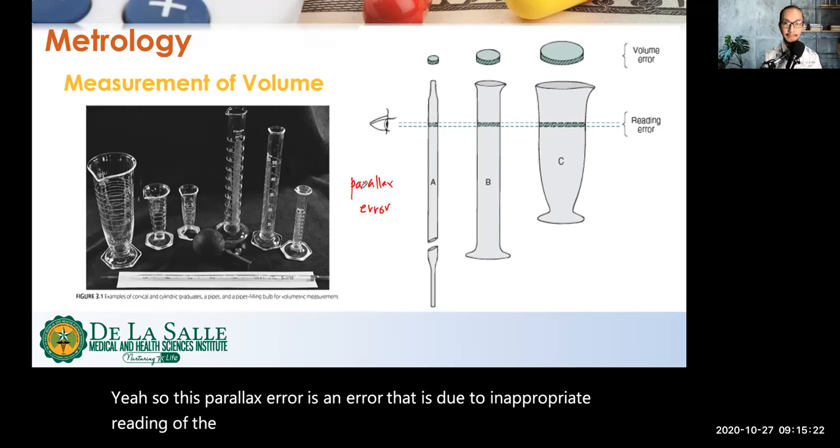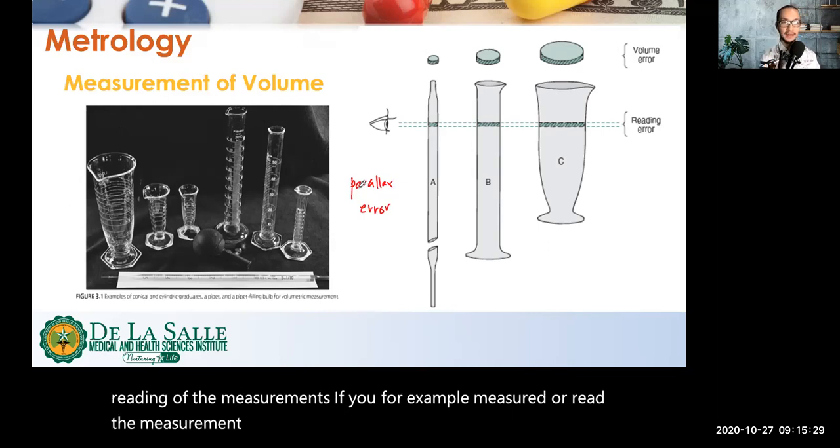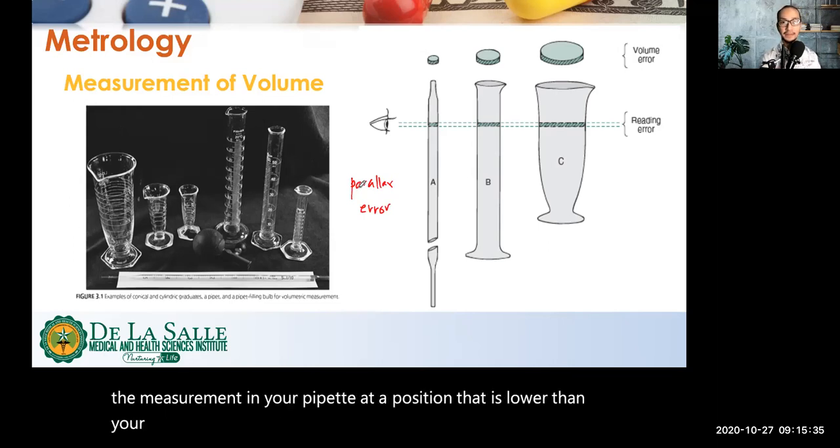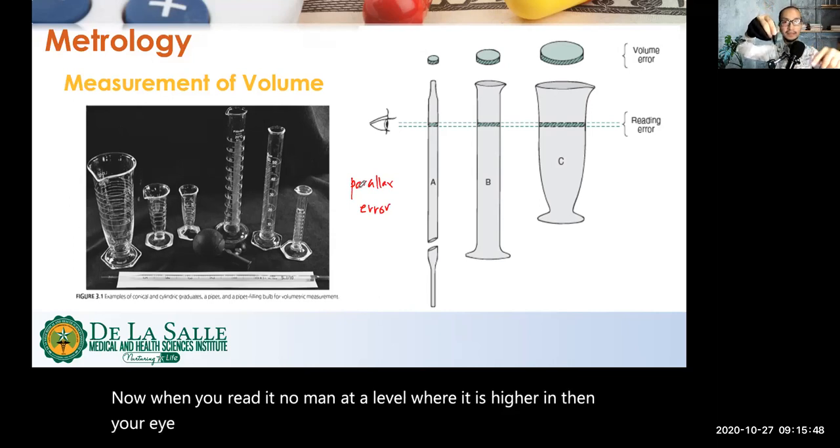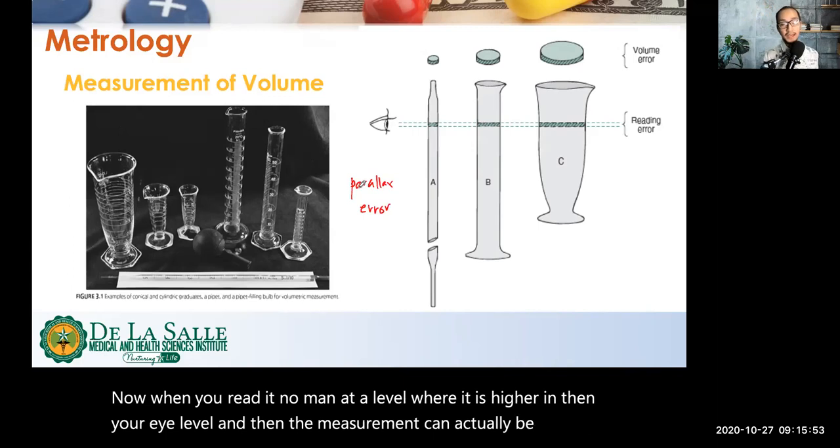If you, for example, measured or read the measurement in your pipette at a position that is lower than your eye level, then you might be reading it higher than it usually is. Now, when you read it at a level that is higher than your eye level, the measurement can actually be lower than it actually is.